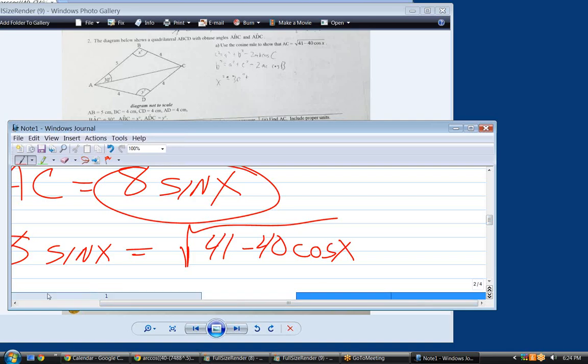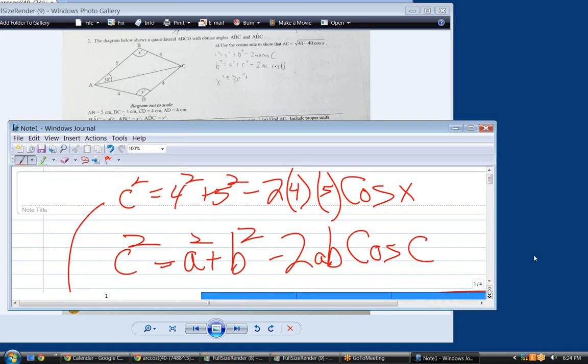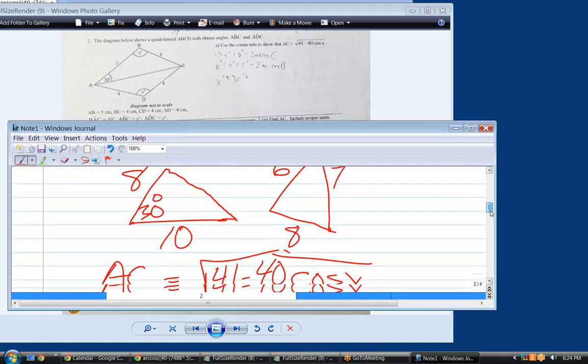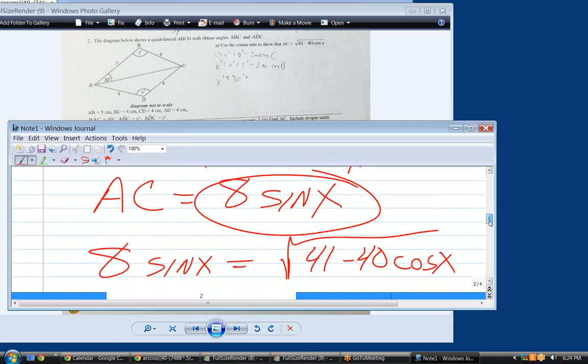So now that you have x, you can get AC easily. That line right there at the top, AC is equal to 8 sine x. Yes, but which x would I use? Just plug in both of them?